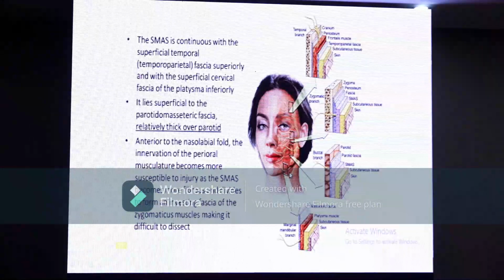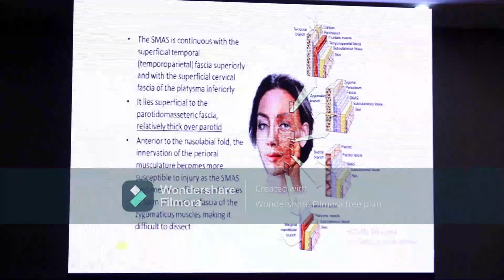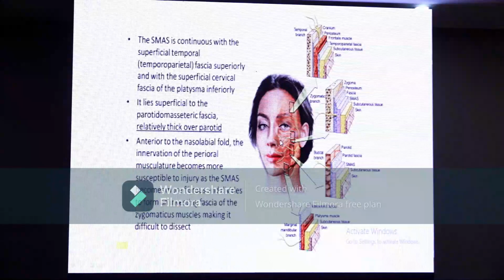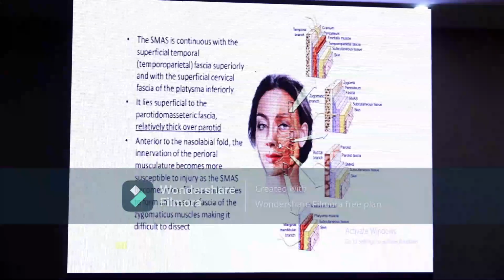Anterior to the nasolabial fold, the innervation of perioral musculature becomes more susceptible to injury as the SMAS becomes more fibrous and divides to form an investing fascia of the zygomaticus muscle, making it difficult to dissect. So generally we avoid crossing the nasolabial fold because here the SMAS disappears, getting invested into the muscle.